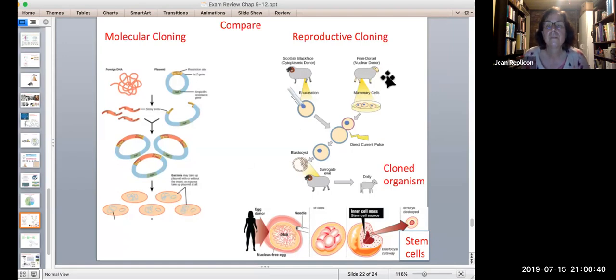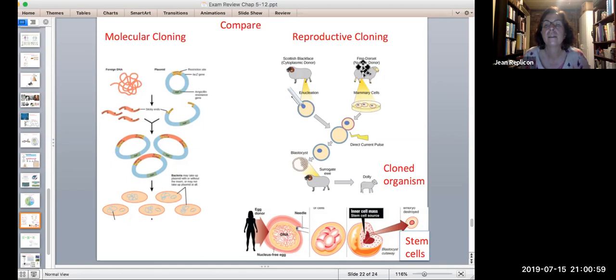Whereas reproductive cloning, and there are two outcomes here I'm going to talk about, is where you take the genetic information as the whole nucleus. Here it was just a gene or molecules that were coming out. Here we're going to take the whole nucleus.